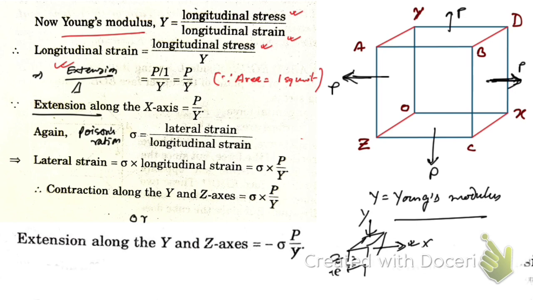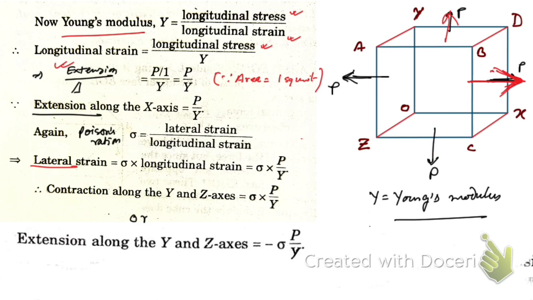Hope you have understood this. So now you see, here you can see that lateral strain, when you say lateral, we're going to consider the direction which is perpendicular to this applied force. This is the applied force P, and here the lateral directions are this one and this one, along z axis and along y axis.